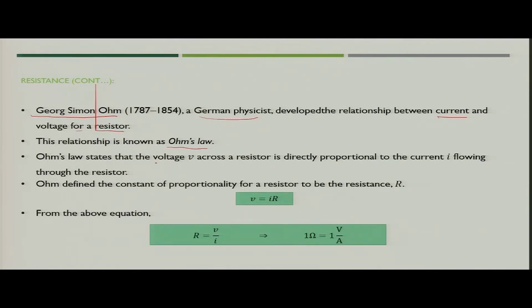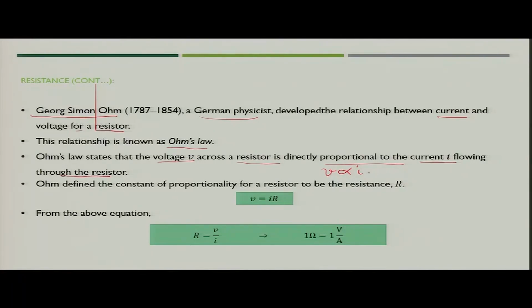Ohm's law says that the voltage V across a particular resistor is directly proportional to the current I flowing through that resistor. So, you can simply represent that V is directly proportional to current I.